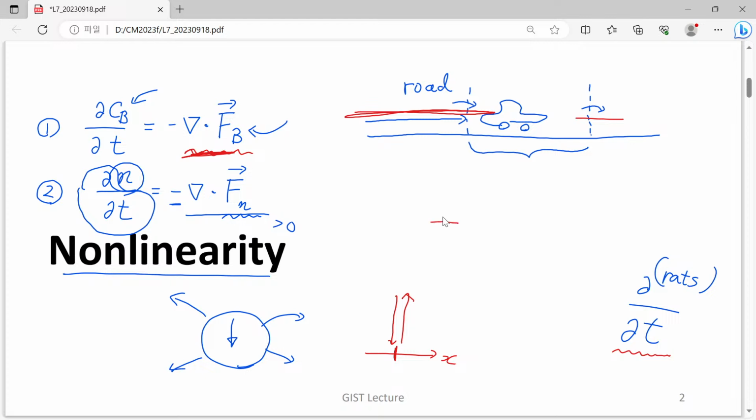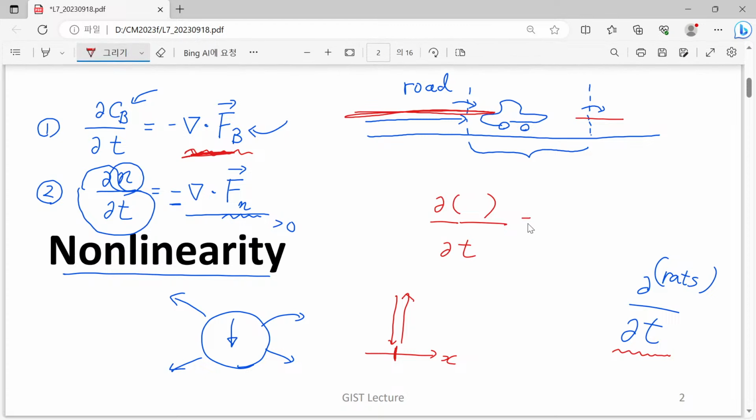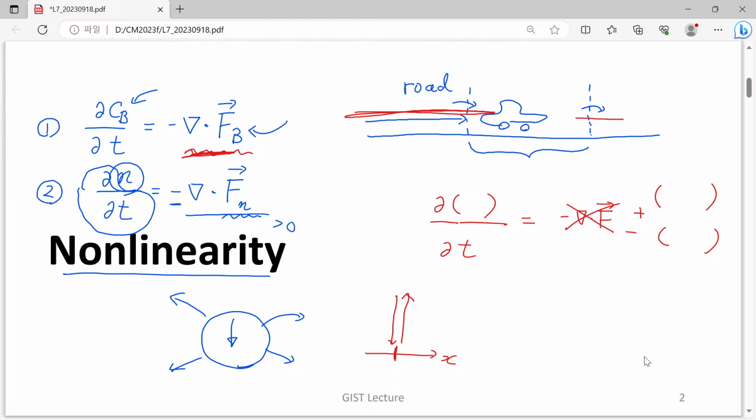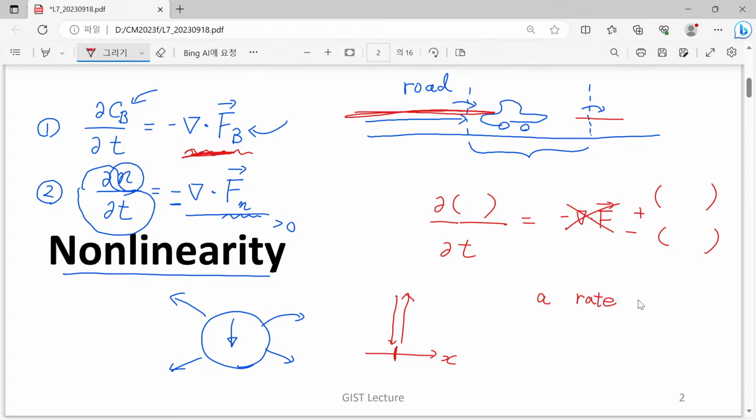Typically, if such a thing is not related to the flux terms, and we just consider some capture and emission rate, then this kind of equation is typically called a rate equation instead of a continuity equation.